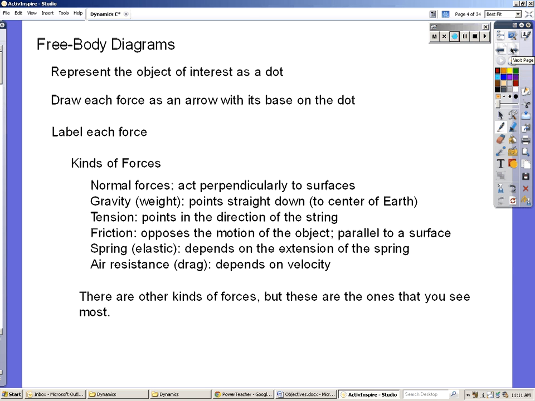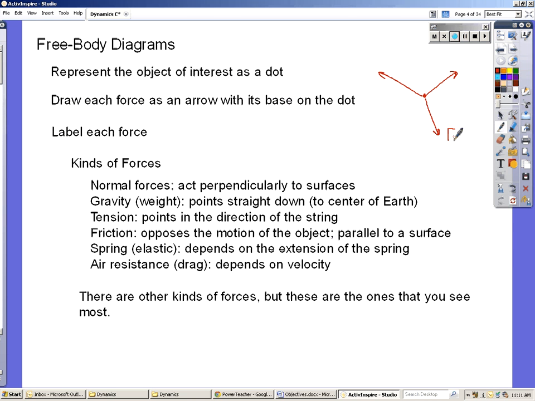When you are doing a lot of these problems, you'll draw free body diagrams that show all the different forces that act on a particle. So we'll represent it as a dot. And then each arrow has its base on the dot and points in the direction of the force. So this would be an example of a free body diagram.